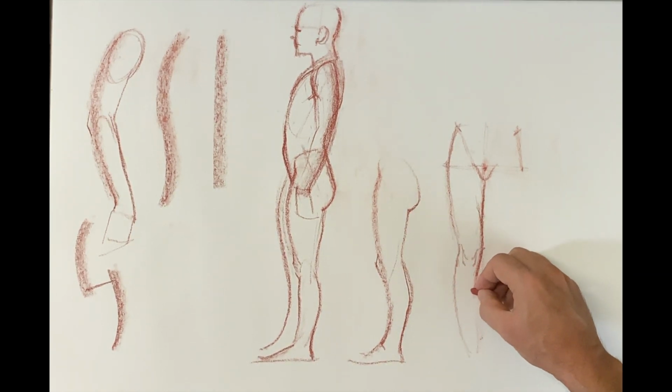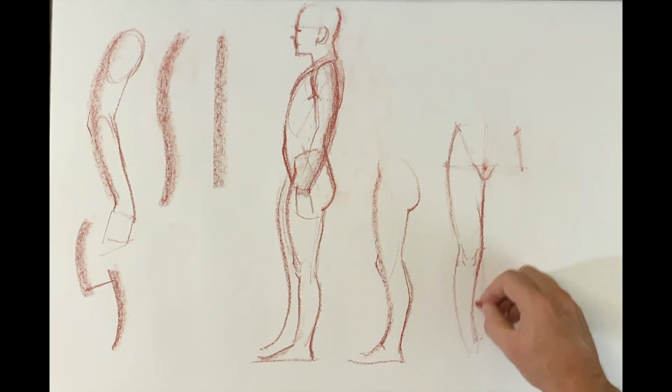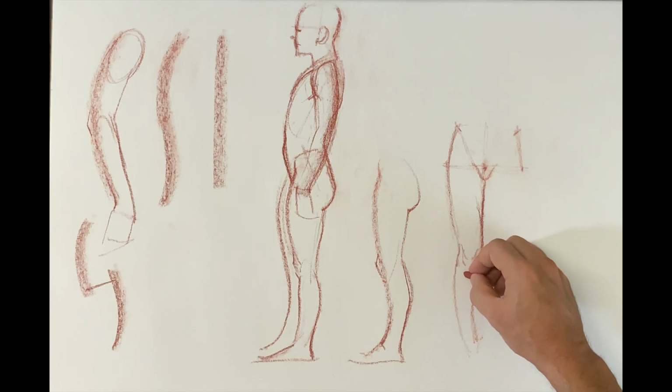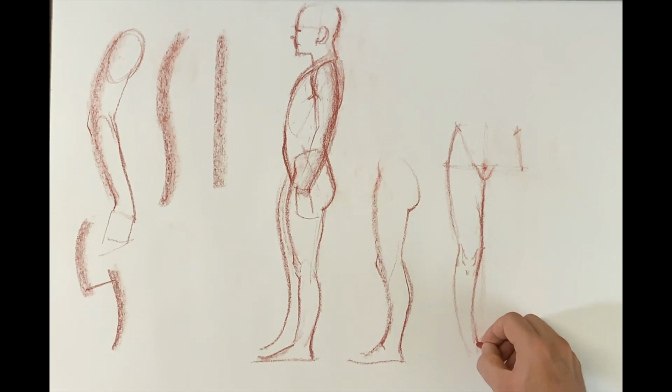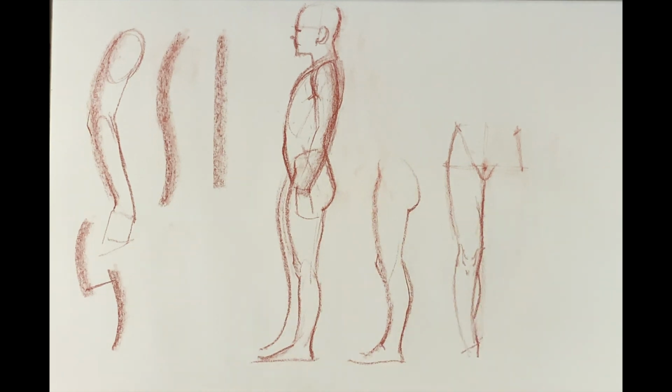So the tibia, the major bone of the lower leg, will flow down through here from the inside of the knee, and we'll come down to the inner ankle, the inner malleolus, okay, and on the inside of that we'll have the calf muscle, and on the outside we have the outer malleolus.